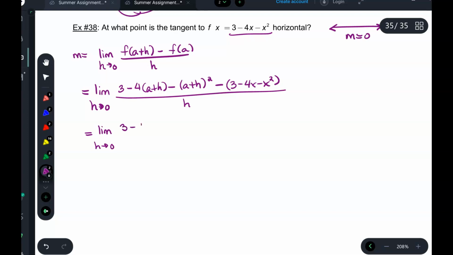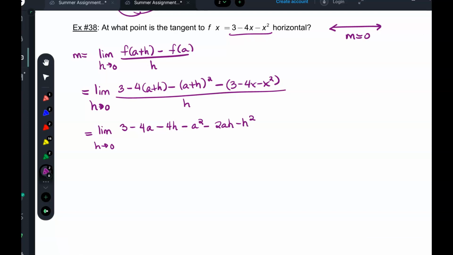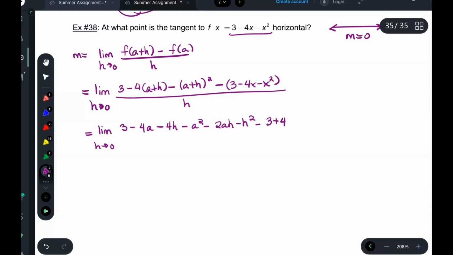So I have 3 minus 4a minus 4h minus a squared minus 2ah minus h squared. I FOILed and just multiplied out the negative at the same time. Minus 3. Oh, I just realized I put x here by accident. That's supposed to be an a. Alrighty, so I get plus 4a plus a squared all over h.